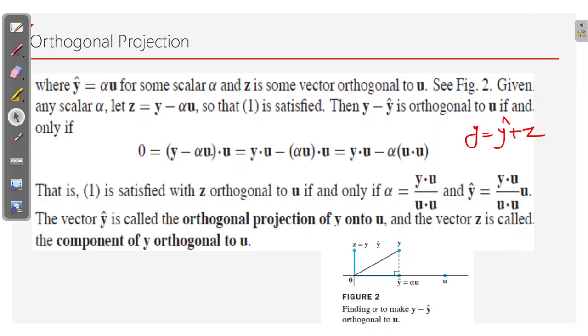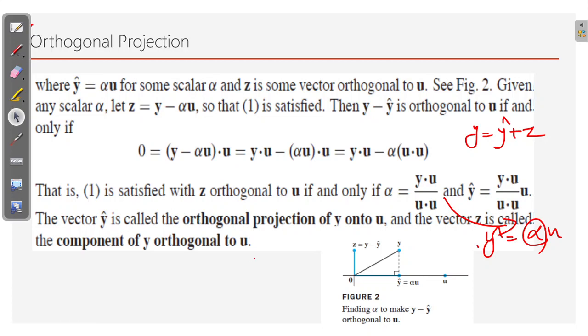Also y cap is equal to alpha u. Substituting this alpha into the equation, we get y cap equal to y dot u over u dot u times u.